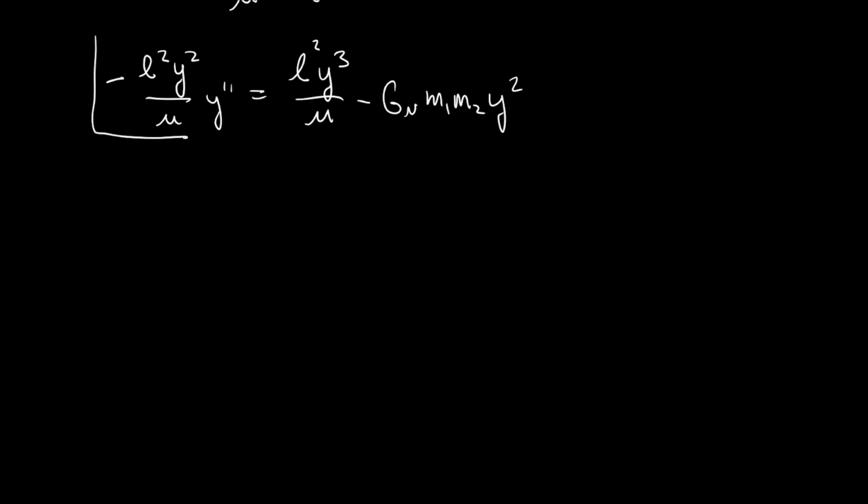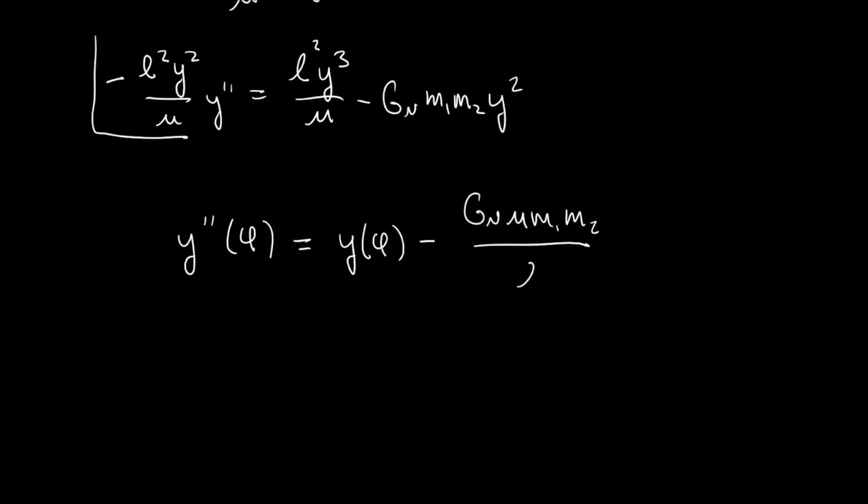Yeah, so then I divide by that prefactor, and I get something which looks like y double prime of phi is equal to y of phi minus G mu m1 m2 over L squared, which is just y of phi minus 1 over our circular orbit radius.